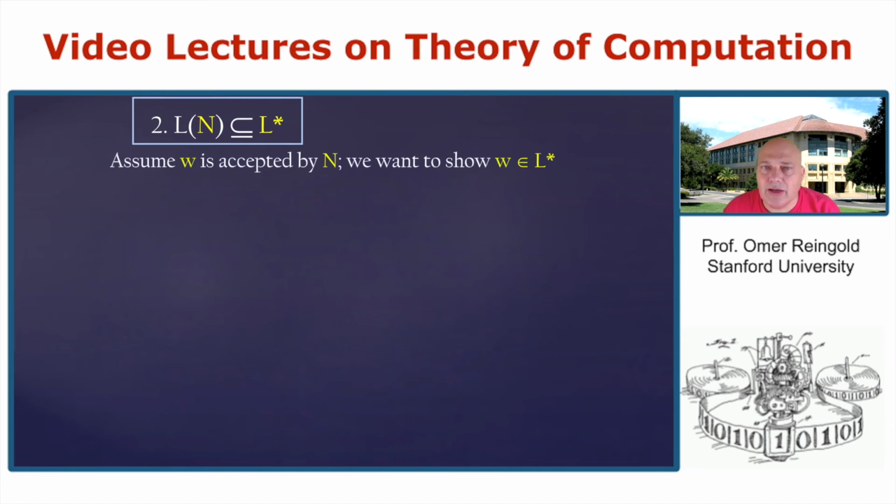So assume that w is accepted by N. What we want to say is that w is contained in L star. This means that we can break w into substrings such that w is their concatenation, and each one of the substrings is in L. If w is the empty string, then w has to be in L star.